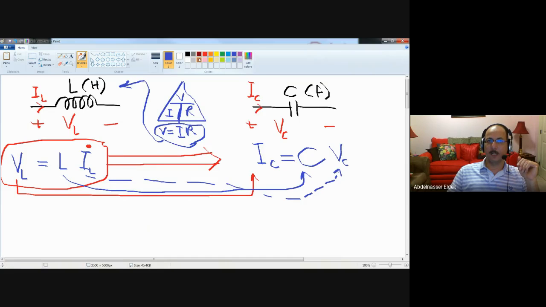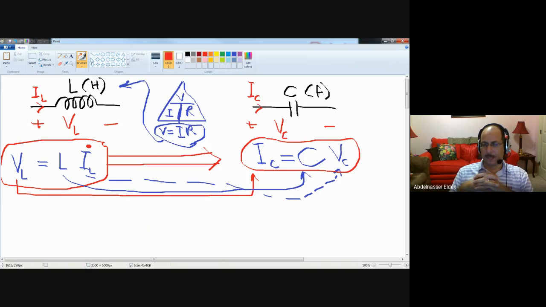This will be the relation between voltage and current in the capacitor. Again, we started with Ohm's law.